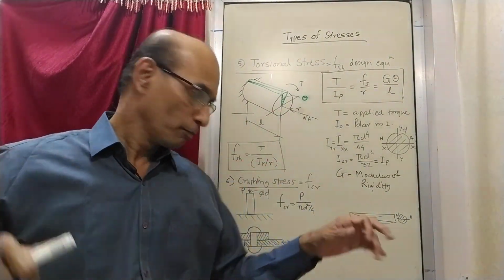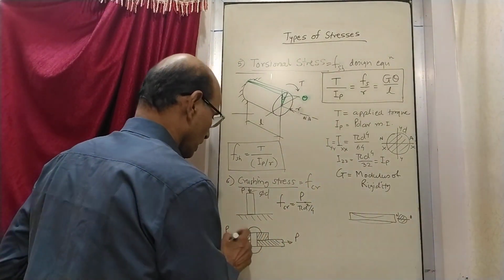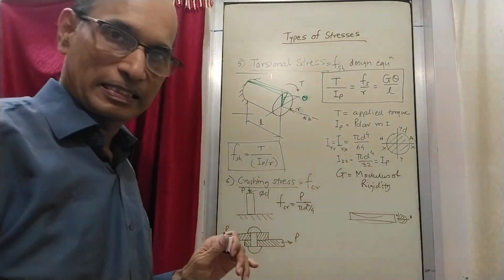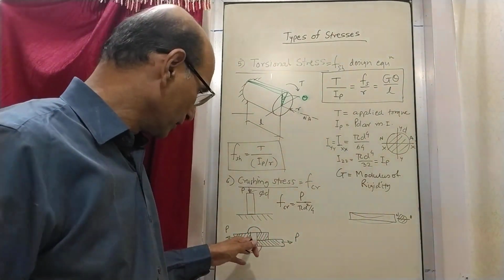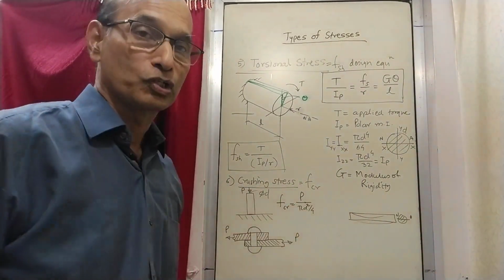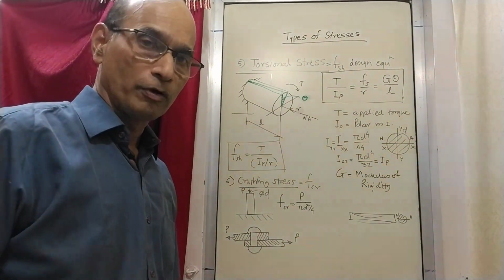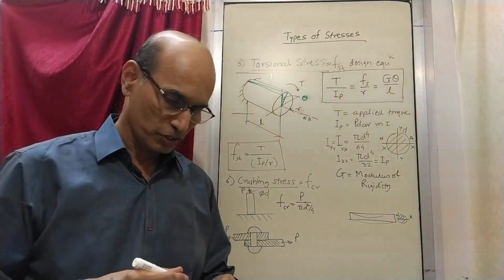We are applying a load P, and last time we saw how it fails by shear stress. Now we are thinking of the same joint, but its failure under crushing stress.